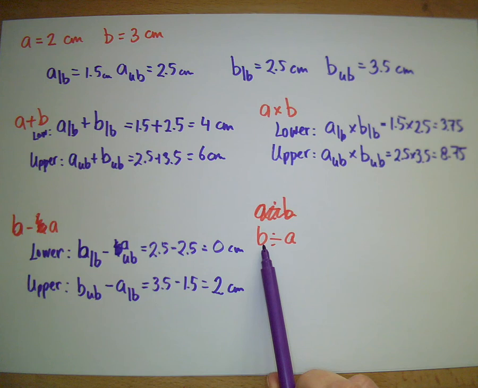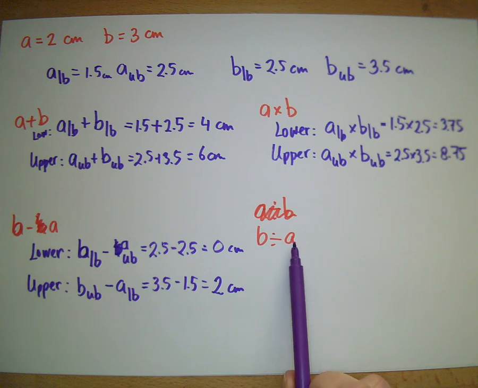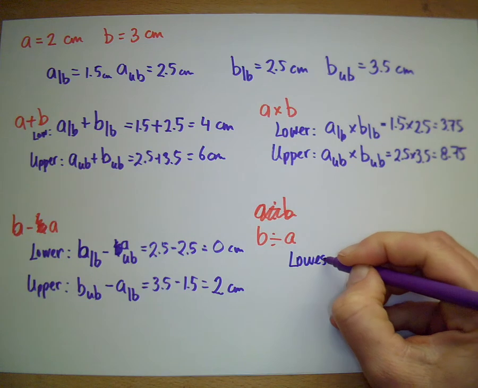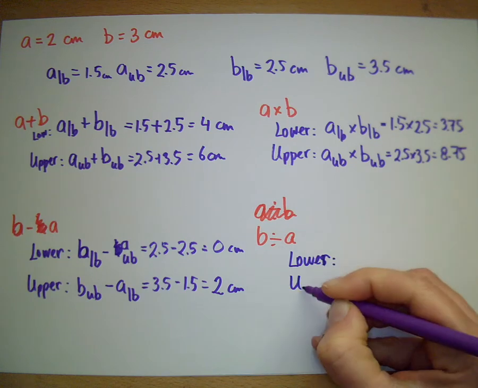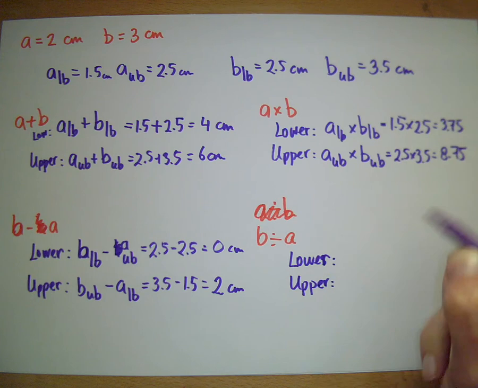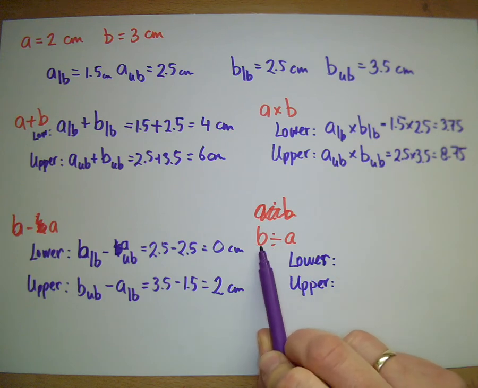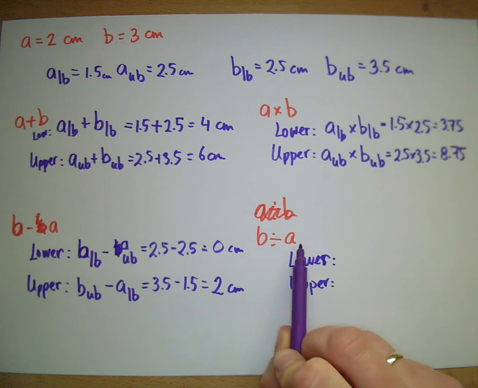If we divide B by A, our answers could be as low as what? And as high as what? Let's see. To get the lowest possible answer for this, I think of lollipops. How do I get the least lollipops?